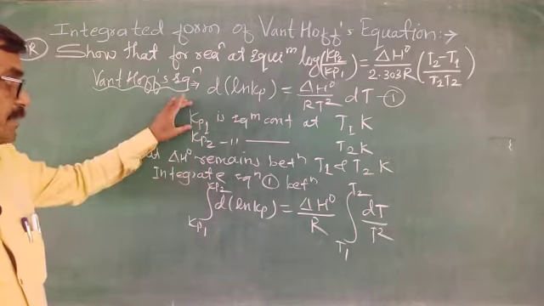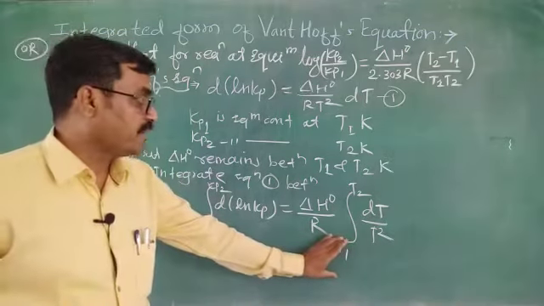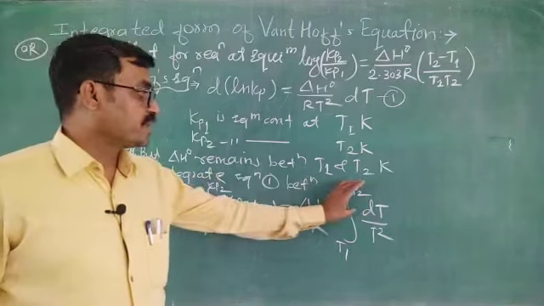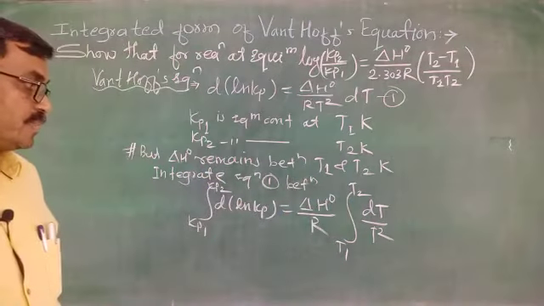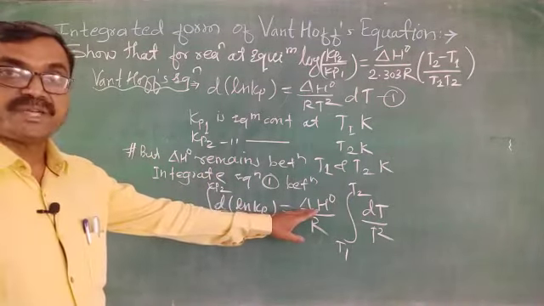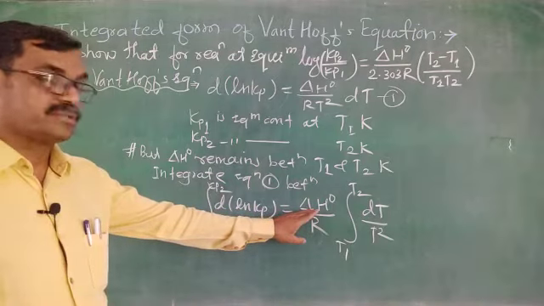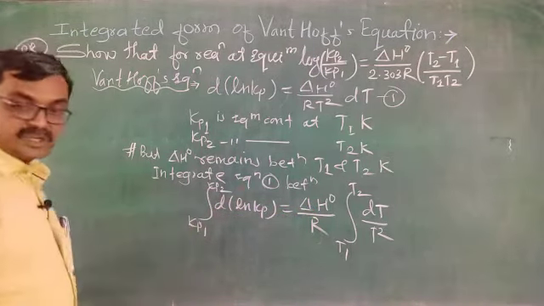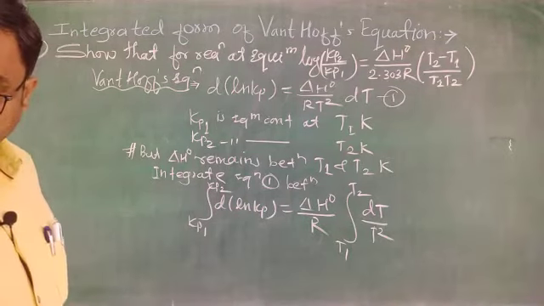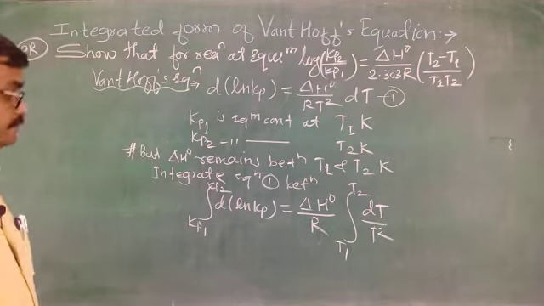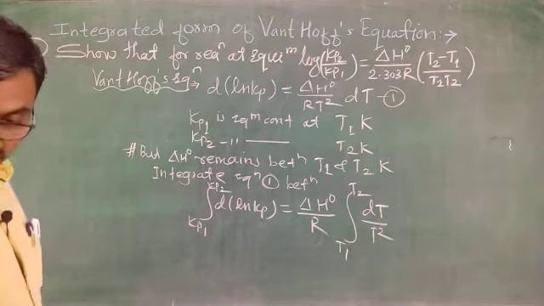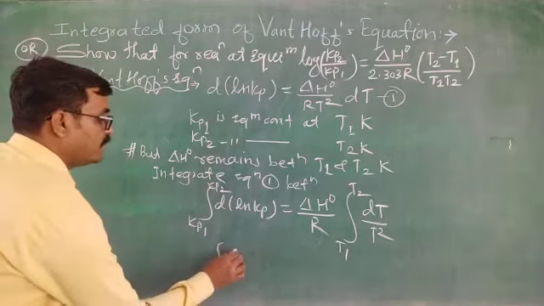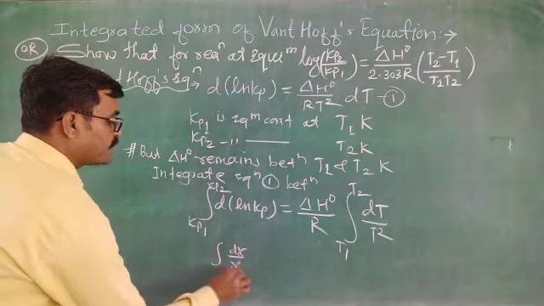The lower limit Kp1 has corresponding temperature T1, the upper limit Kp2 has its corresponding temperature T2, and delta H0 remains constant. But you know the value of the integration of dx upon x square.